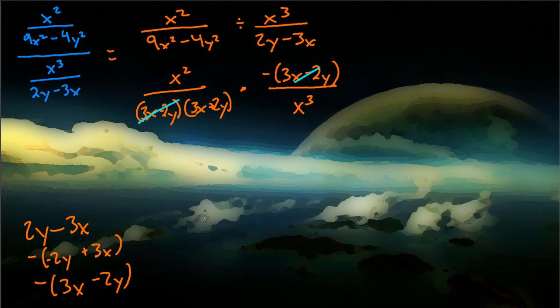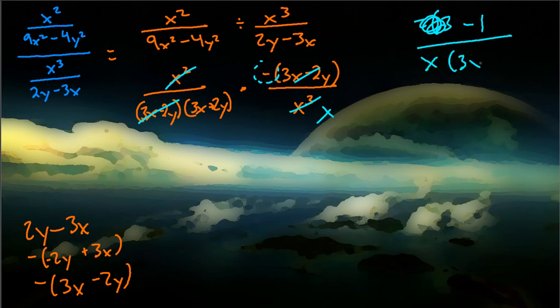This, and this x. Because, yep, 3 of them down here, 2 of them right here. All right, so in our final answer, we'll have negative 3, no. We do have a negative right here. It'd be very easy to lose that, negative 1. And then in the denominator, x and 3x plus 2y.